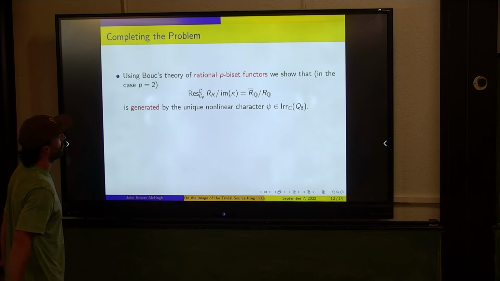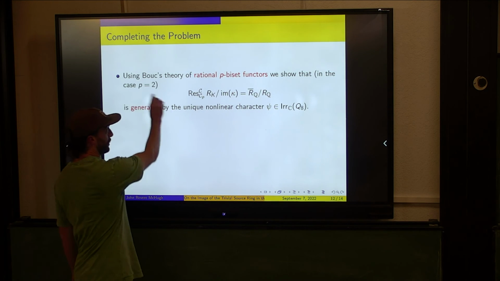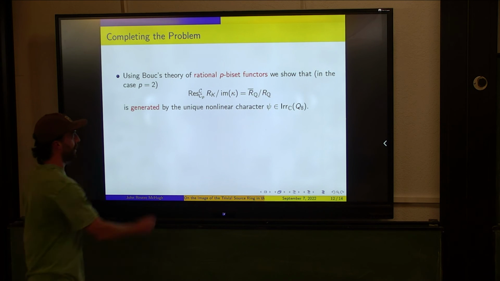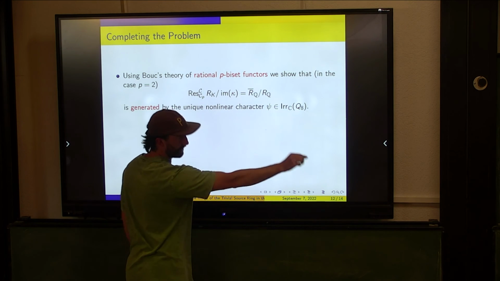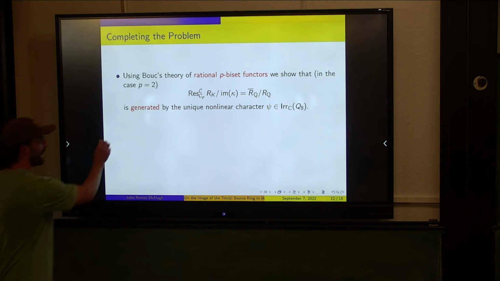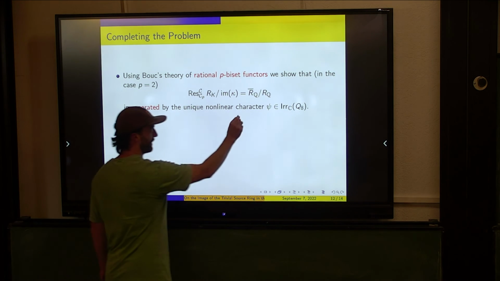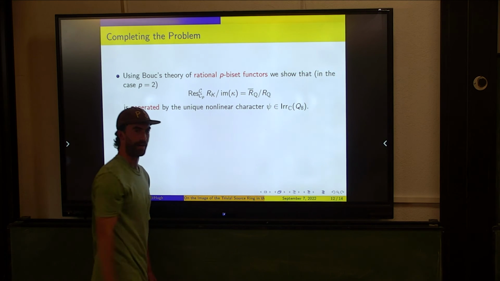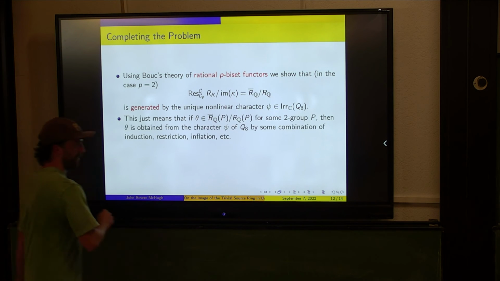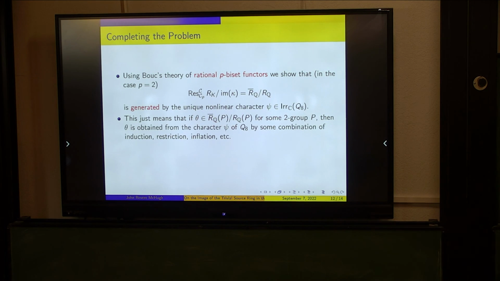Now, to finish it up, using Serge Bouc's theory of rational P biset functors, which would take too long to explain, we can show that this functor, defined just on the subcategory whose objects are the P groups, is generated by the unique nonlinear character psi of Q8, that bad apple. What that means is, let's draw a picture.